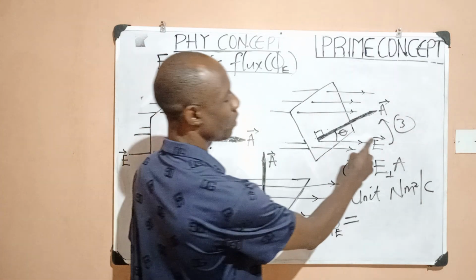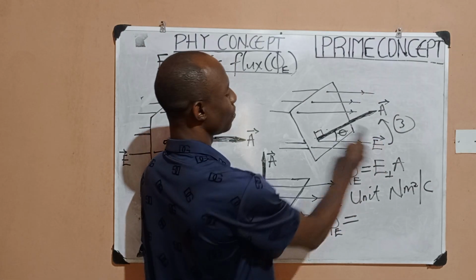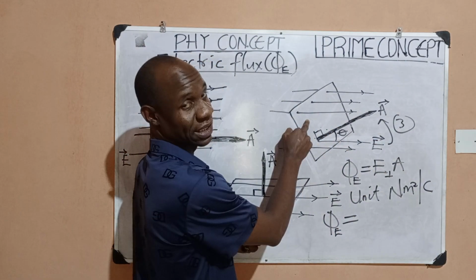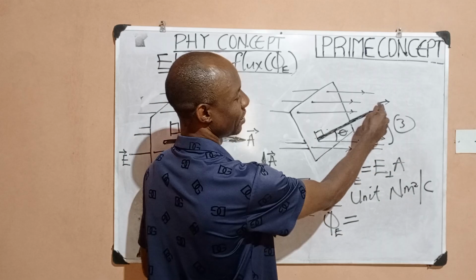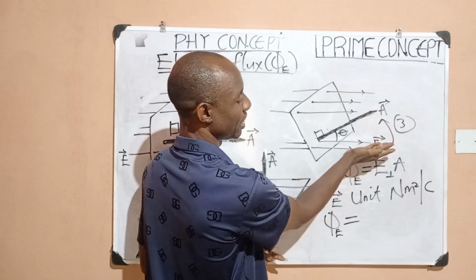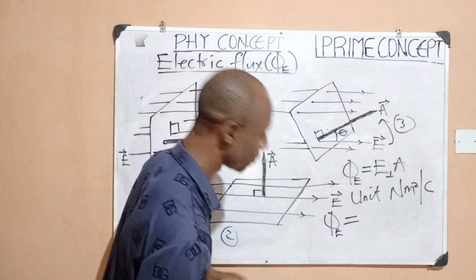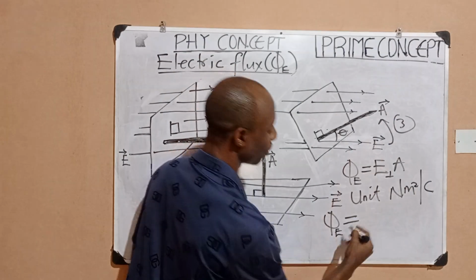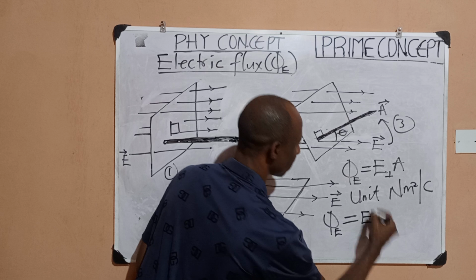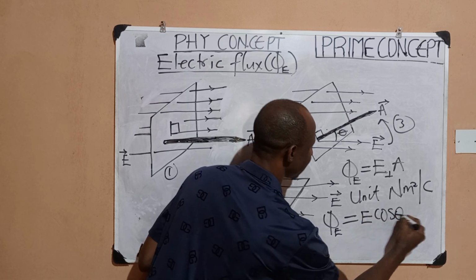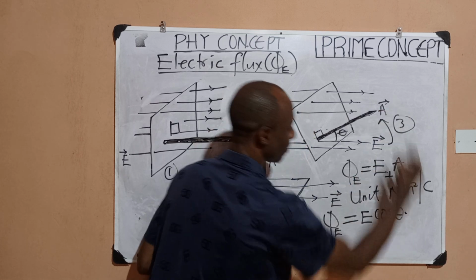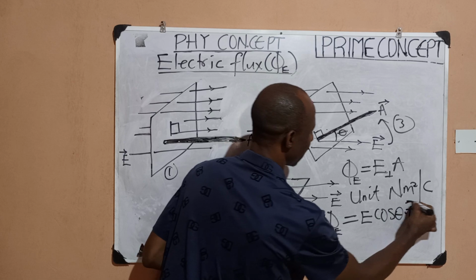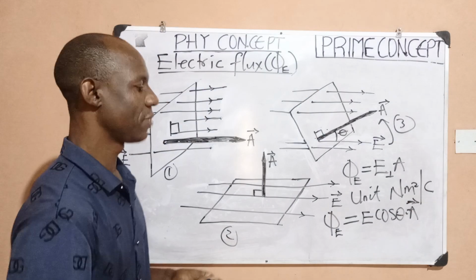So if I want this electric field to become parallel with this area vector, I'm going to resolve. So therefore, I can now have that the perpendicular electric field is going to be E cos theta times our area, or say our area vector.